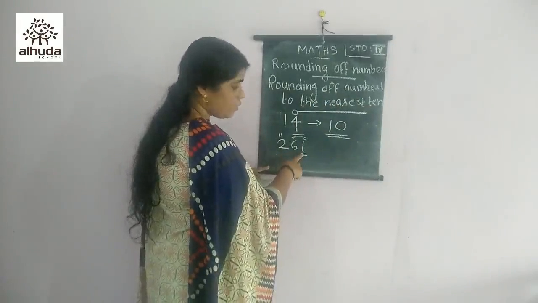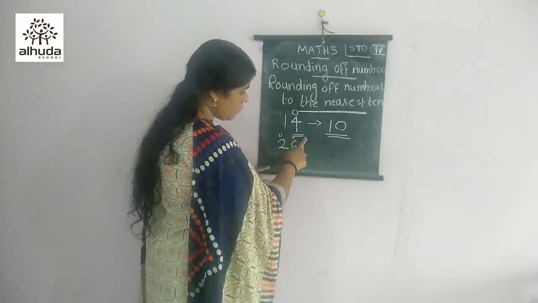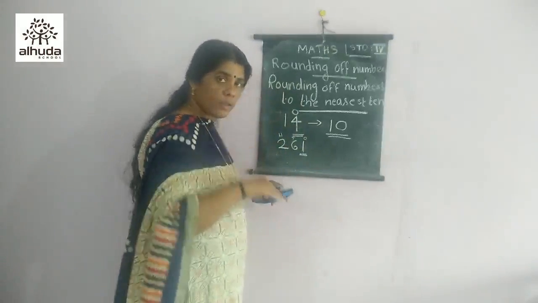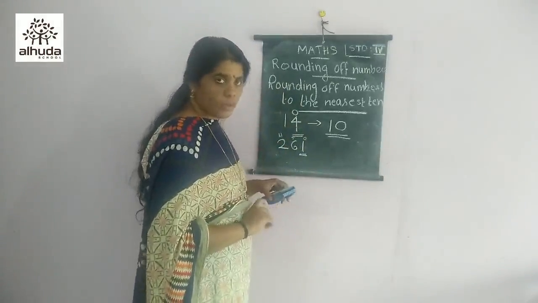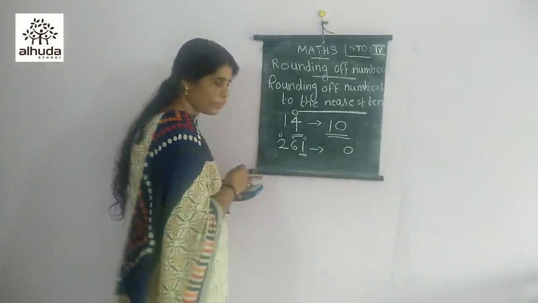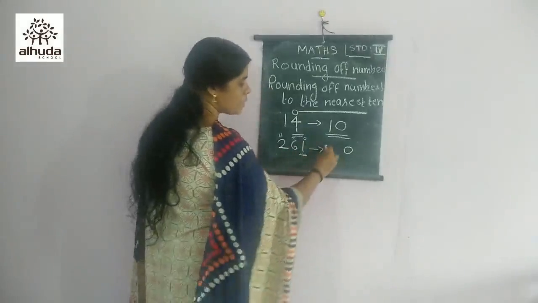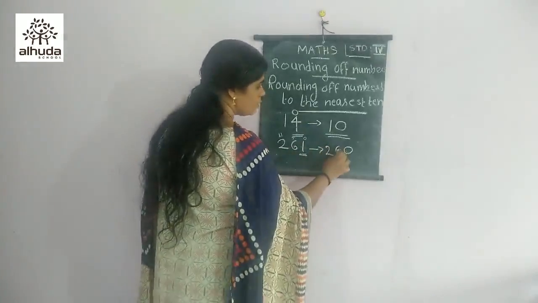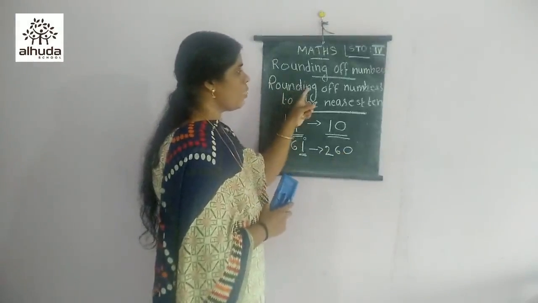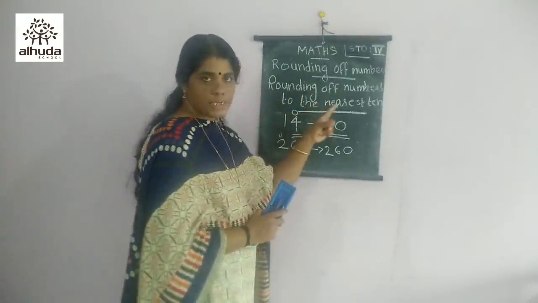Here in 261, ones place it is 1. This 1 is less than 5. So we give 0, then other numbers as it is. That is 260. So that we call rounding of numbers to the nearest 10.